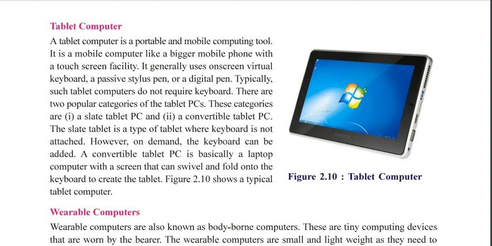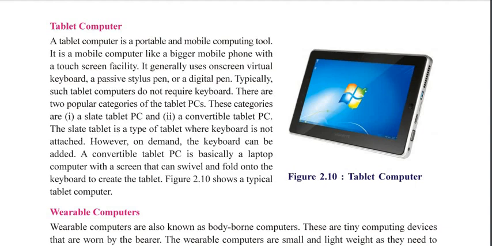There are two popular categories of tablet PCs: the slate tablet PC and the convertible tablet PC. The slate tablet is a type of tablet where the keyboard is not attached. However, on demand, a keyboard can be added. You can add your keyboard by the USB port.